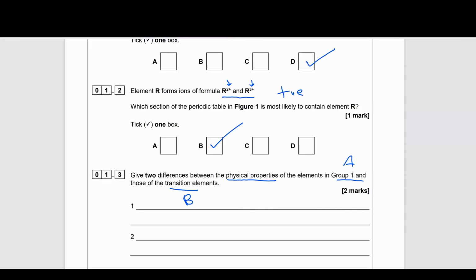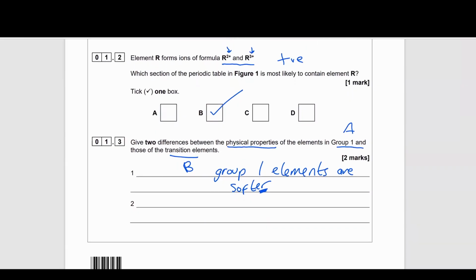easily. So we can say that group 1 elements are going to be softer. That's definitely one difference. Remember that we're using our comparative language, -er, to signify that we are comparing.